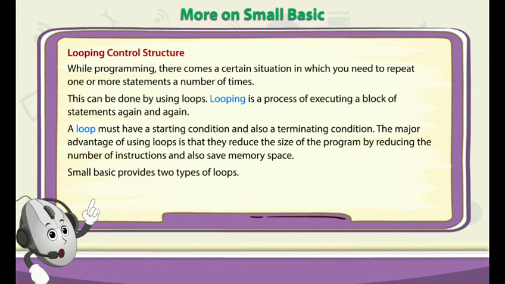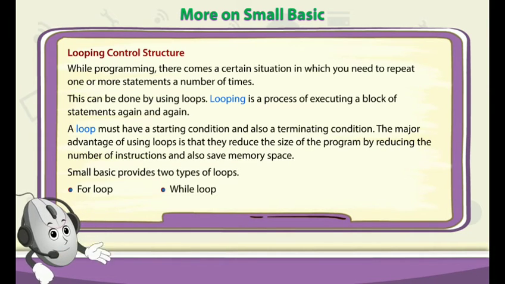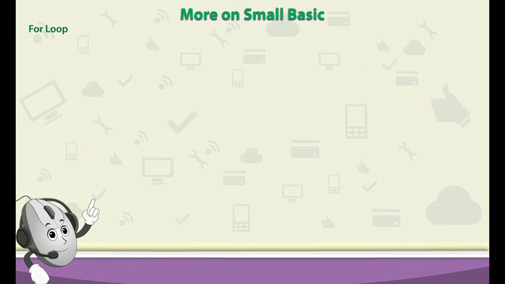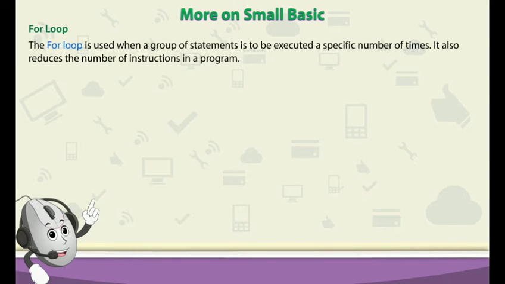A loop has a starting condition and also a terminating condition. A major advantage of looping is that it reduces the size of the program and the number of instructions, and also saves memory space. Here we have two types of loop, the for loop and the while loop.